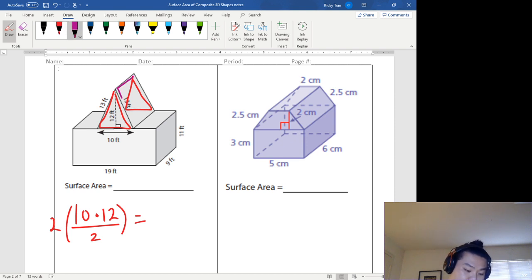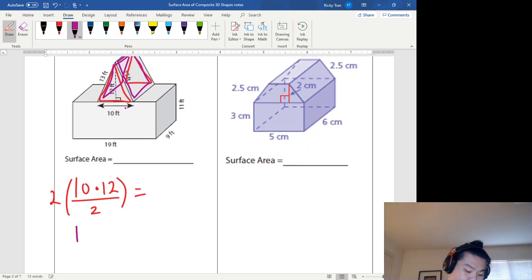Then we have the rectangle here and the rectangle here. So that's just going to be 13 times 9, and there's two of them.